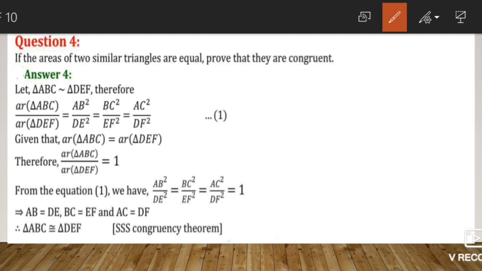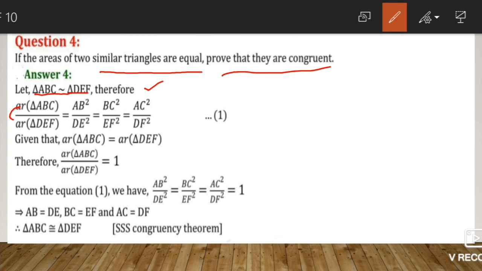Now question number 4. If the areas of two similar triangles are equal, then prove that they are congruent. Let us consider that triangle ABC is similar to triangle DEF. Therefore, you can use the theorem from the previous video that the ratio of their areas will be equal to the square of the ratio of corresponding sides.